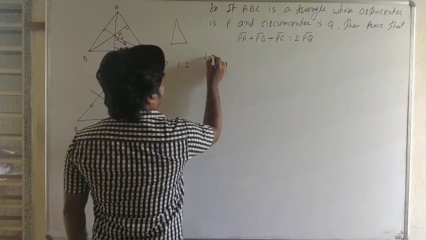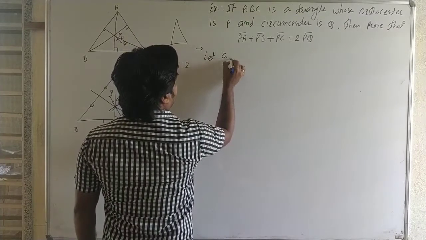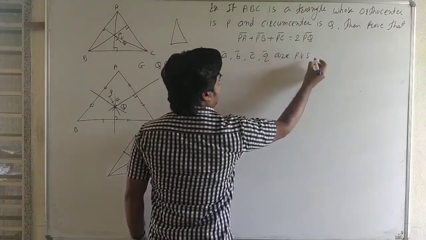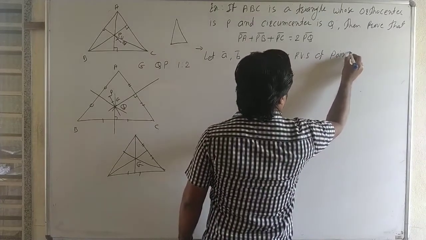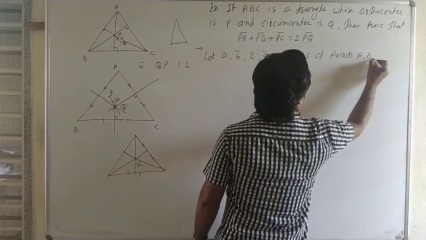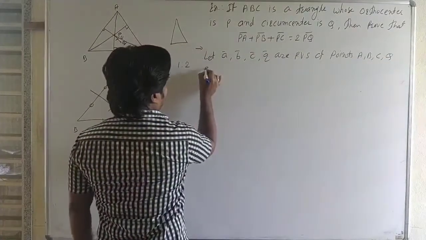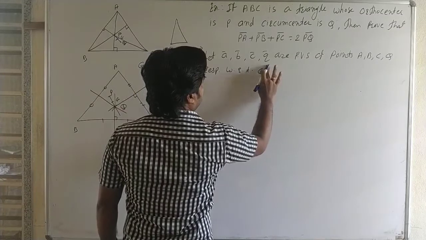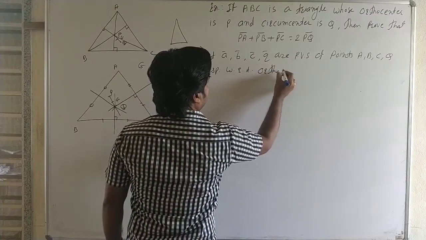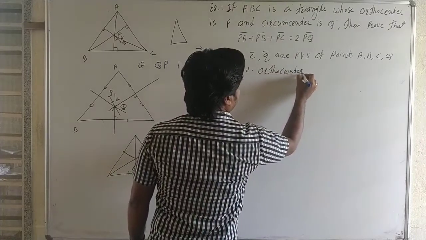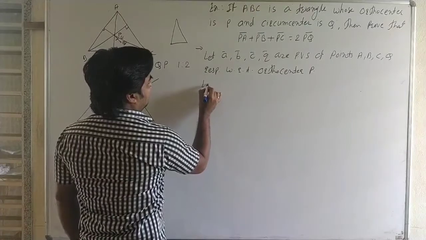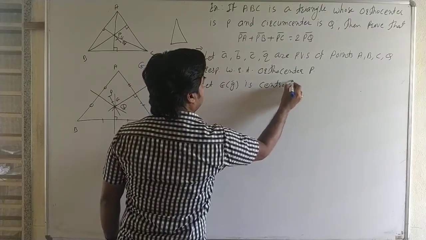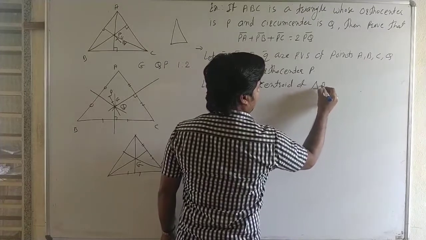Let A bar, B bar, C bar and Q bar be the position vectors of points A, B, C and Q respectively with respect to orthocenter P. And let G, with position vector G bar, be the centroid of triangle ABC.